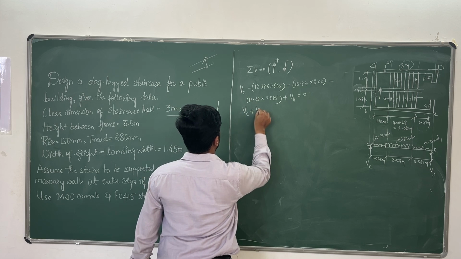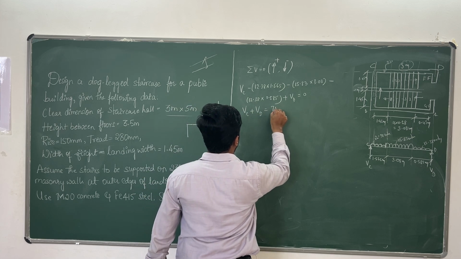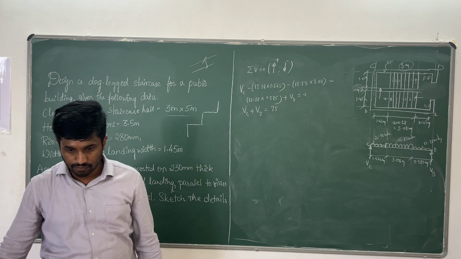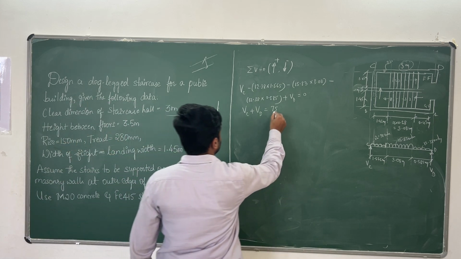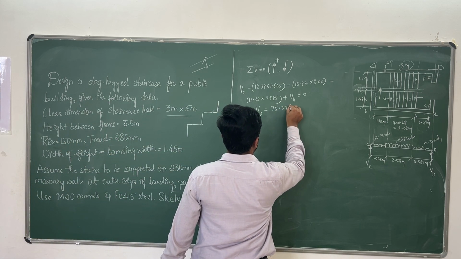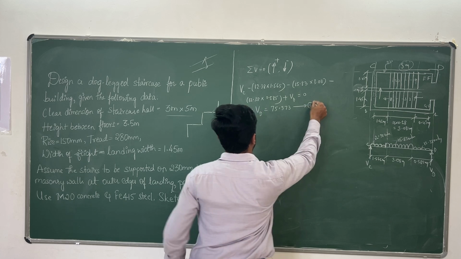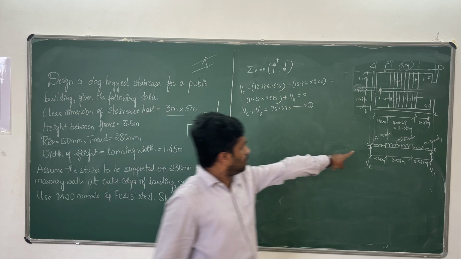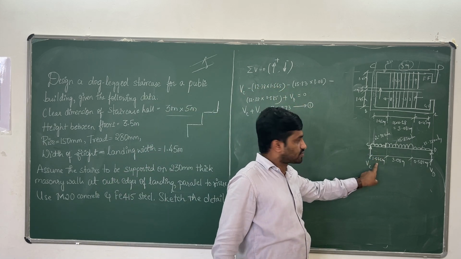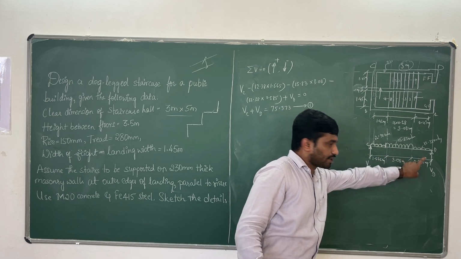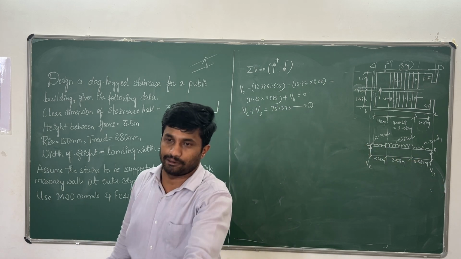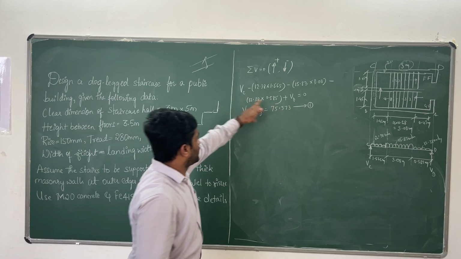So VC plus VD is equal to 75.373. Say equation number 1. What have you got in this step? Load into distance, load into distance, load into distance. Convert UDL into point load. All acting downward, that's why negative.